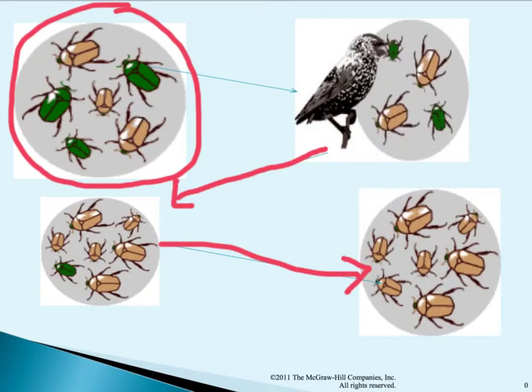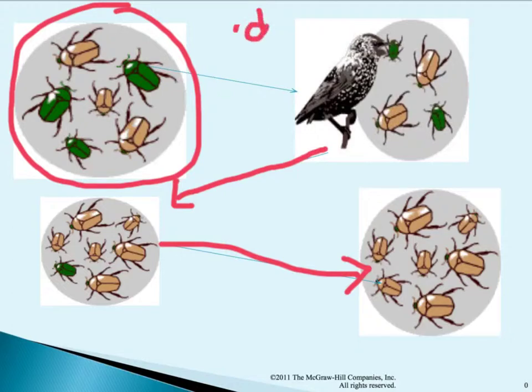Let's look at an example of this natural selection. Here's a family of bugs. Some of the bugs are green, some of the bugs are beige. The bird, one of their natural enemies, prefers the green bugs, and eats the green bugs. The beige bugs are adapted to their environment.